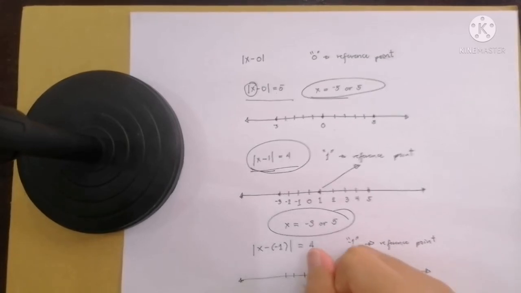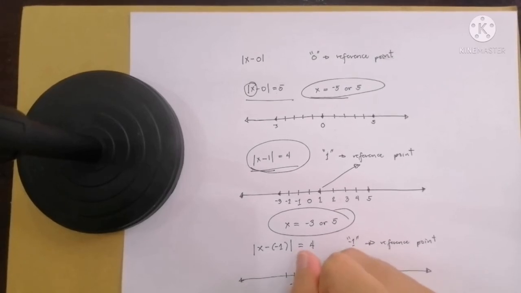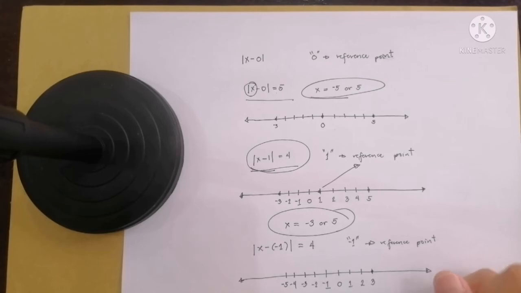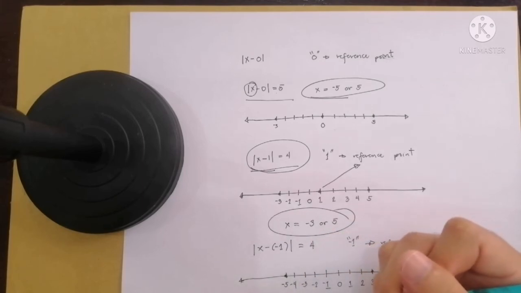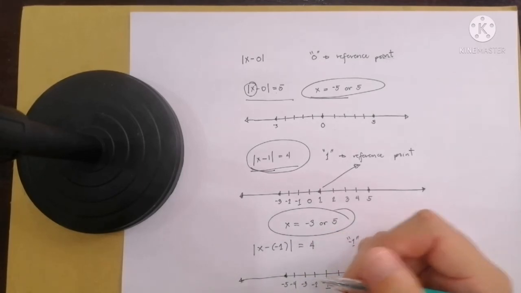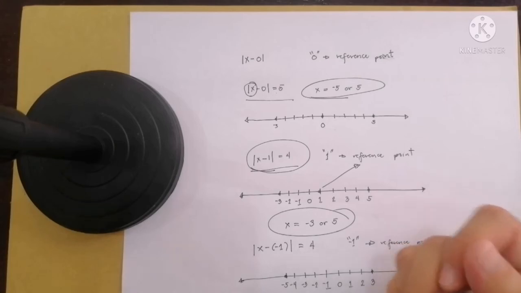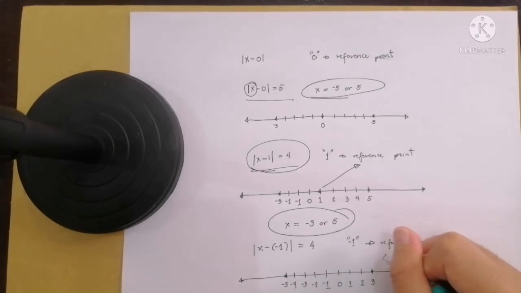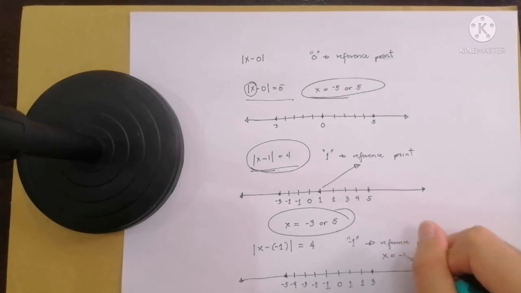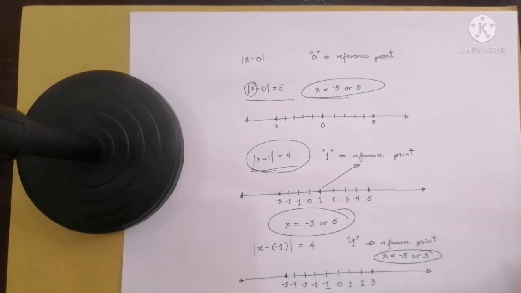We have negative 2, negative 3, negative 4, and negative 5. Yan yung pagkakasunod-sunod to the left of negative 1. Ibig sabihin, we land 4 units away to the left of negative 1 at negative 5. Therefore, the numbers representing x are negative 5 and 3.